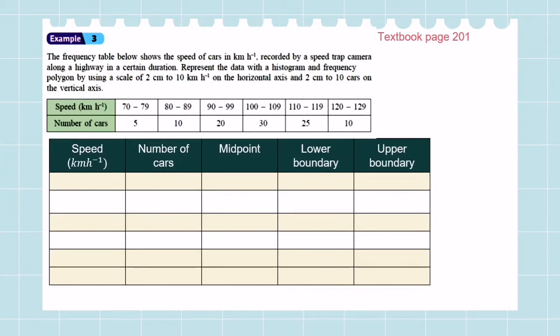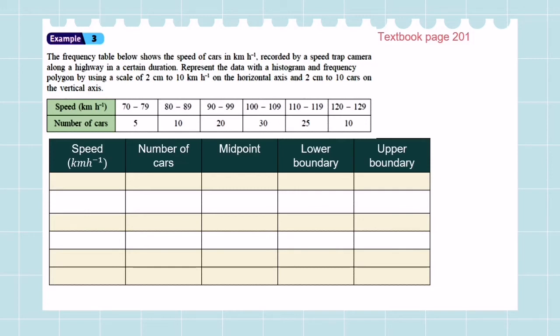Example 3. The frequency table below shows the speed of cars in km per hour recorded by a speed trap camera along a highway in a certain duration. Represent the data with a histogram and frequency polygon by using a scale of 2 cm to 10 km per hour on the horizontal axis and 2 cm to 10 cars on the vertical axis.